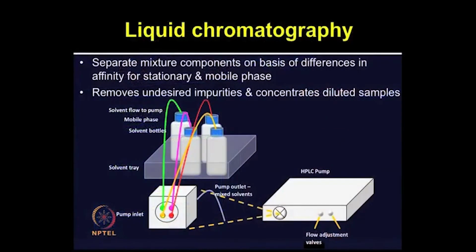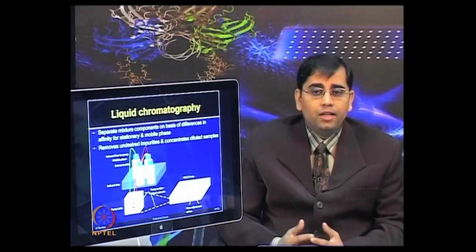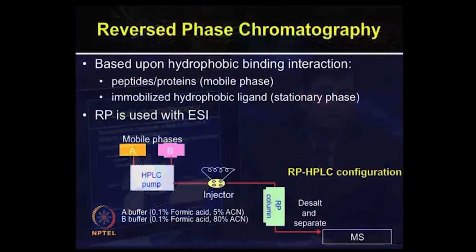It is mostly used for separating peptide mixtures. One diagram shown here is a typical liquid chromatography setup, which consists of solvent bottles, degasifiers, dual or quaternary pumps, the sample injector, column and detectors. Different solvents can be placed in the solvent bottles depending upon the purification requirements.